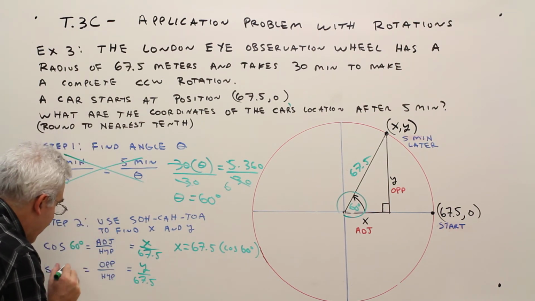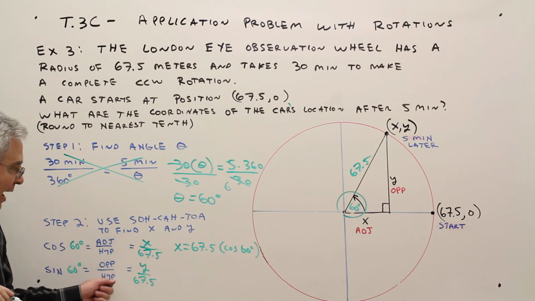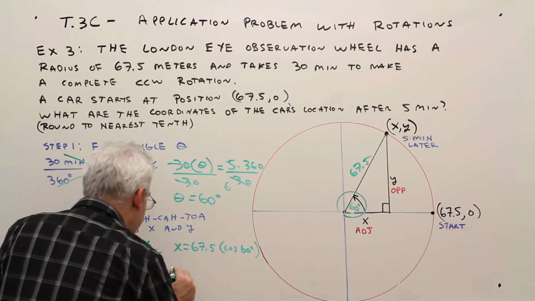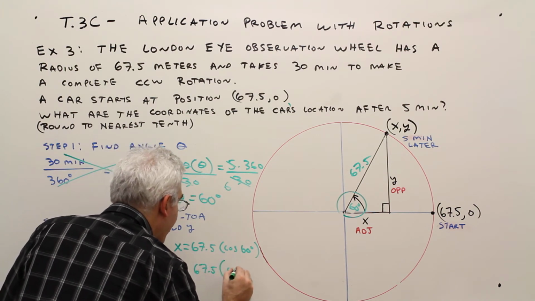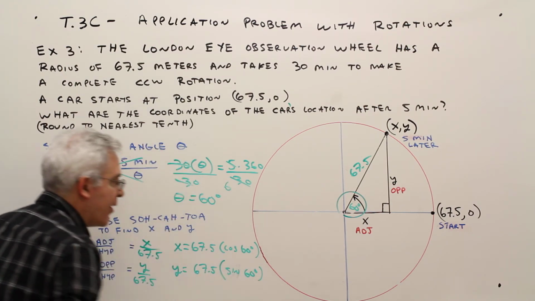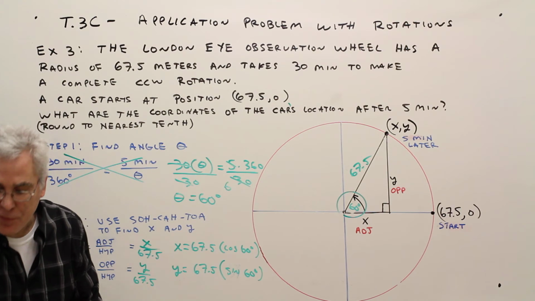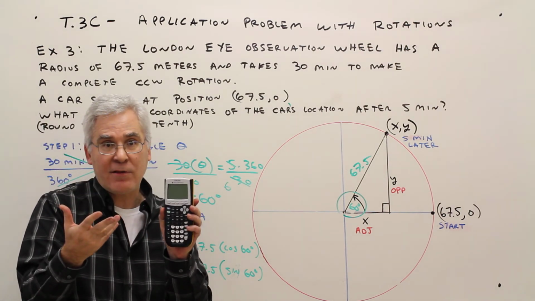And again, I knew the angle theta to be 60 degrees. So I can multiply each side by 67.5. So y equals 67.5 multiplied by the sine of 60 degrees. Okay, at this point, just use your calculator, either the TI-84 or your scientific calculator.